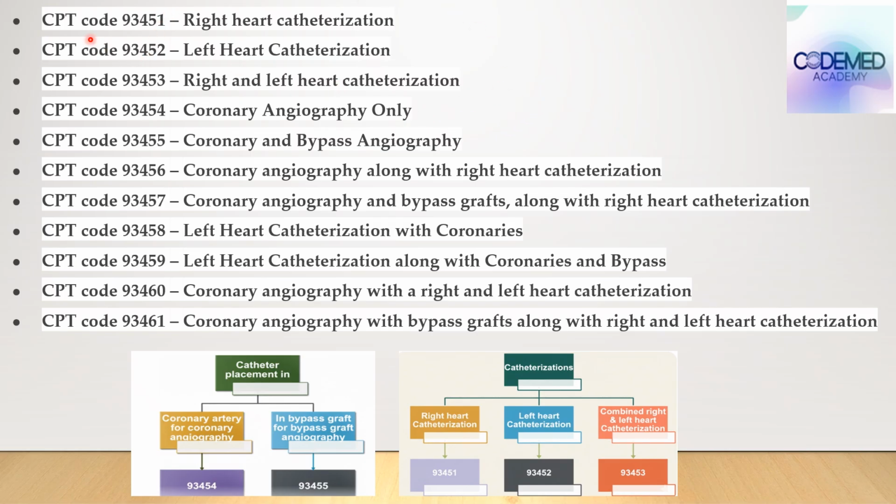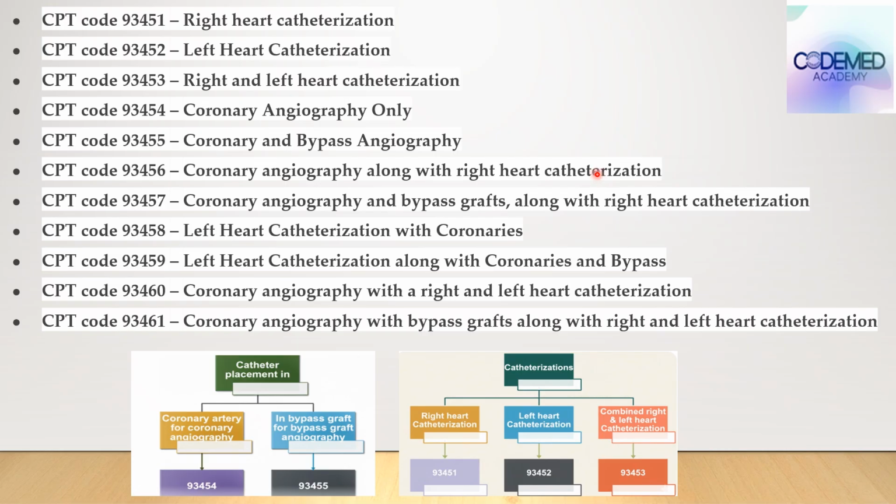And if you see, you have the code for the right, you have the code for the left, and then there is a combo code which includes the right and the left catheterization. Then we have the code for the coronary angiogram and then the coronary and bypass angiogram. So the codes are very specific, so pay attention to what has been done. Some of the codes are coronary as well as right heart catheterization.